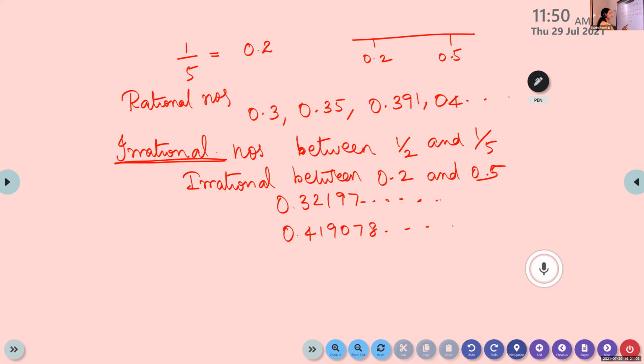Here the maximum value is 0.5. Okay, 0.321, 70986, then you put dot, dot, dot. If you do not write the dots, it means it is terminating. Whenever it is irrational, you should put etc. to indicate that it is non-terminating.